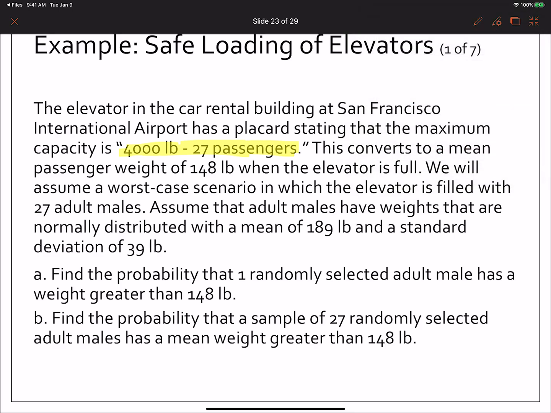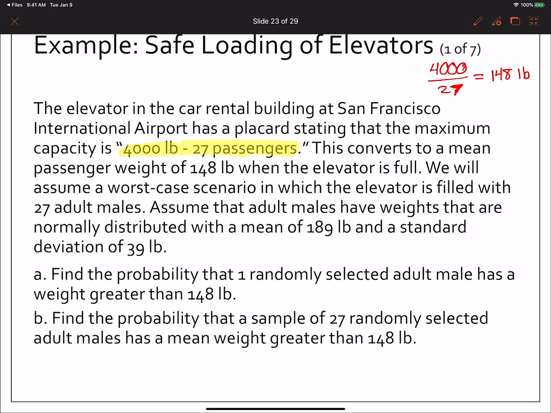If we had a full elevator of the 4,000 pounds, we could divide it and say that each person could be what? Could be at most 148 pounds. Or at least the people would need to balance out to have a mean weight of 148 pounds.